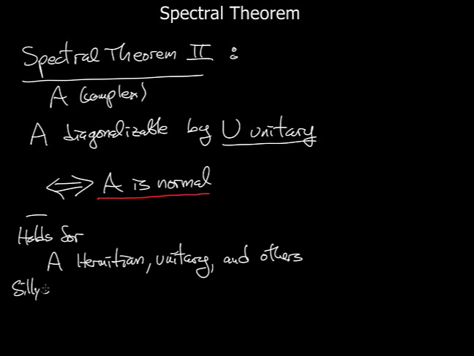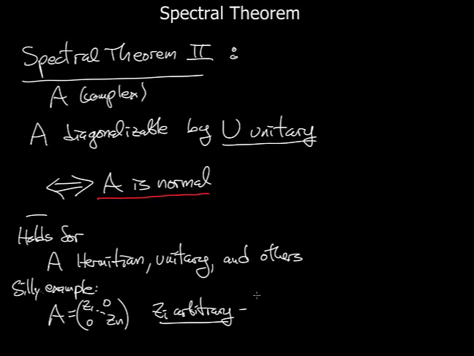Here's a silly example of a matrix which is neither Hermitian nor unitary, but for which this holds. Just take a diagonal matrix with any numbers down the diagonal. Well, then it's certainly not Hermitian, and it's not unitary if the zi's are not special.